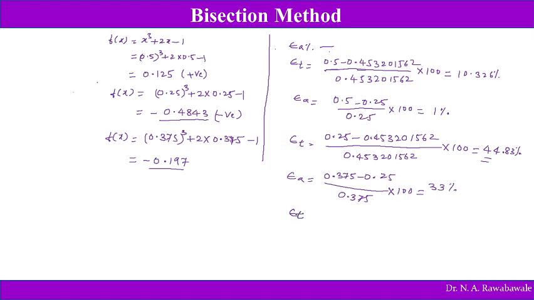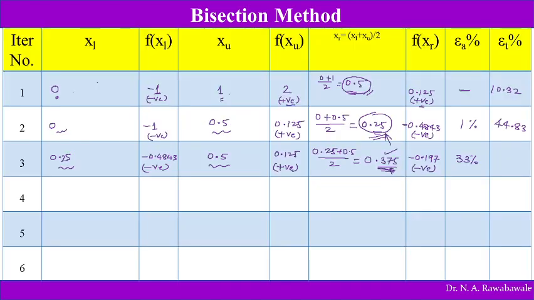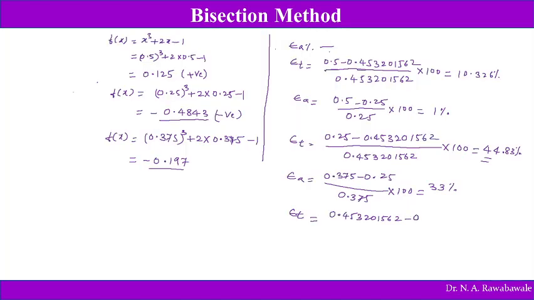The true value is 0.4532011562, and the approximation is 0.375; the smaller value is subtracted from the larger, divided by the true value 0.4532011562, into 100.